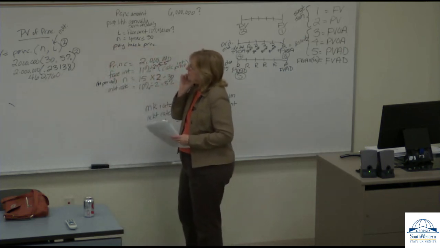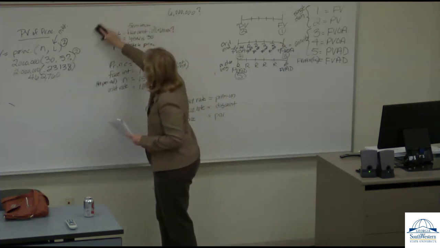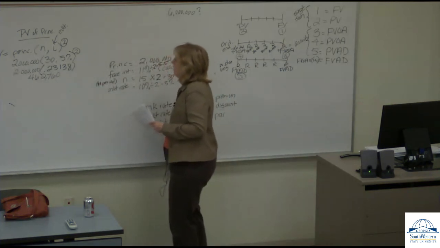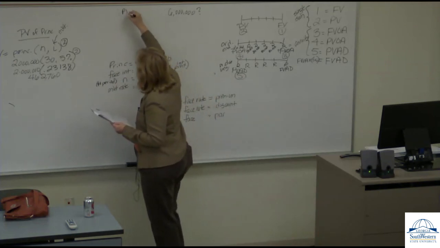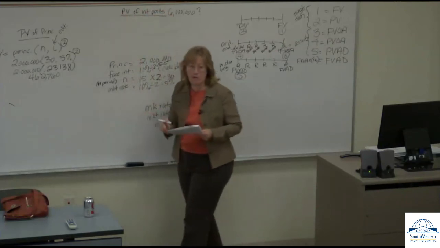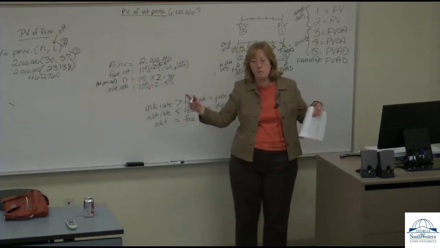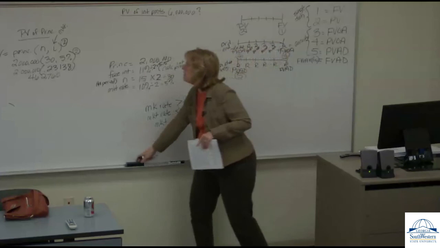Now, on the next part of this problem, we want the present value of the interest payments. This is going to be this part of the problem, right? There are 2 parts to a bond problem. The present value of the principal amount, and the present value of the interest payments, okay?